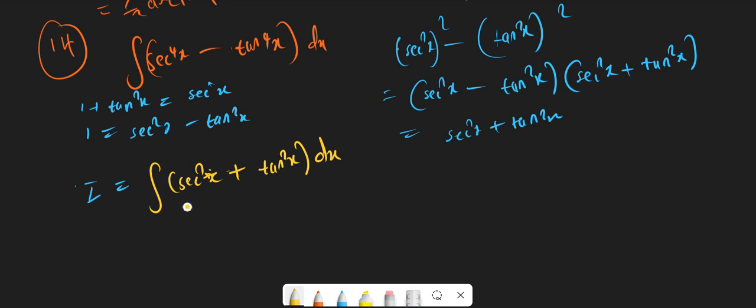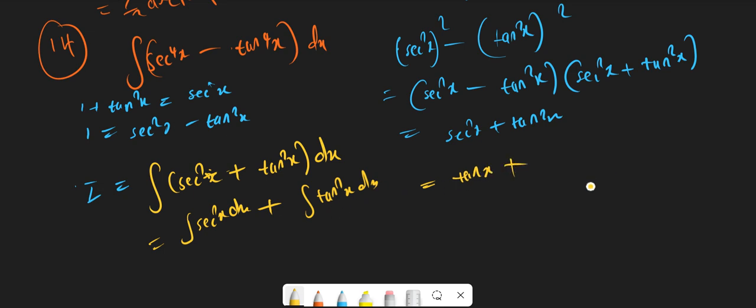The derivative of tan x is secant squared x, so we can write this as the integral of secant squared x separately plus the integral of tan squared x dx separately. The first one is just tan of x. For the second, we can write tan squared x as secant squared x minus 1 dx.